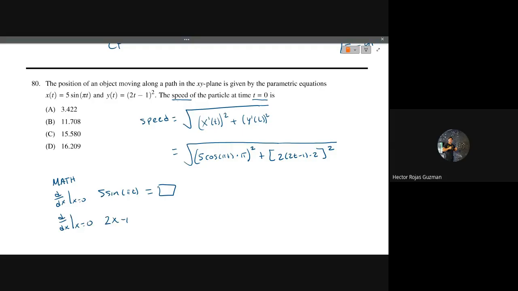Oh, this should have been an x up here. Get whatever answer you get, and then take those answers and plug them into x prime and y prime. I don't have a calculator. I can't finish the problem with you guys.